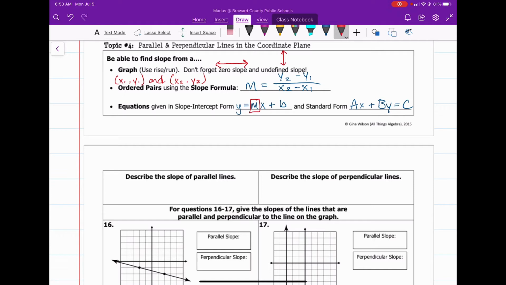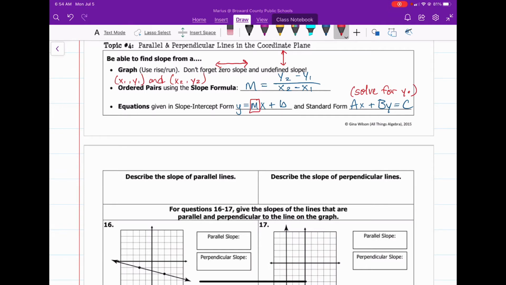However, if the equation is in standard form, then we have to solve for y in order to identify the slope. Those are things we need to already know how to do in order to answer these types of questions or to apply this information.